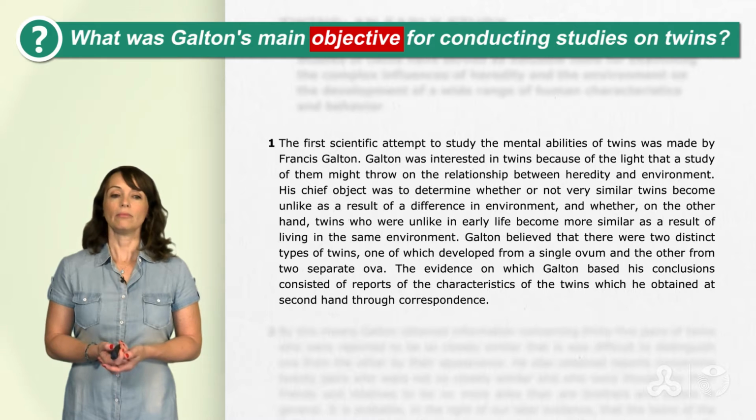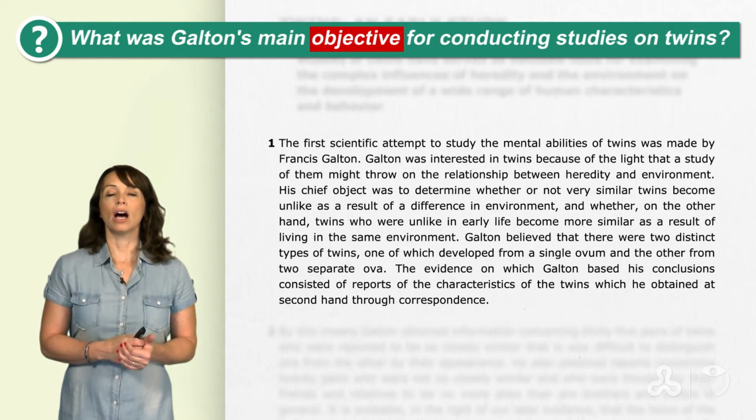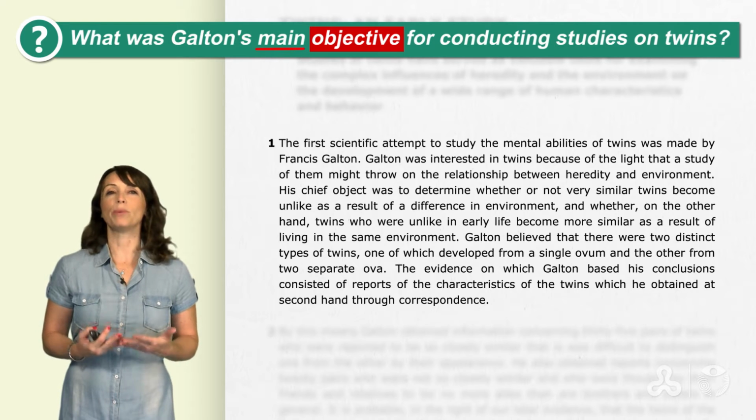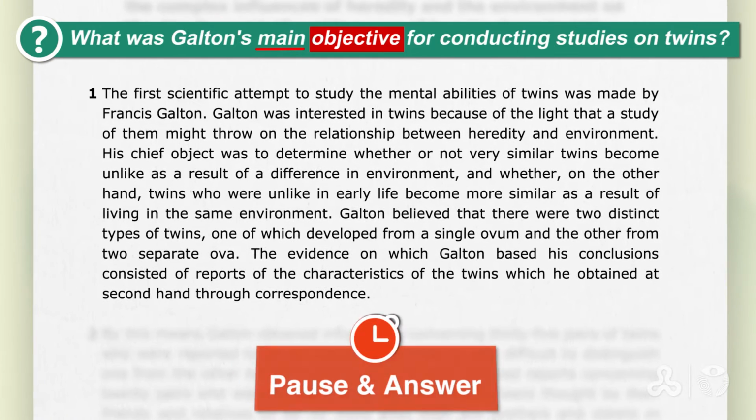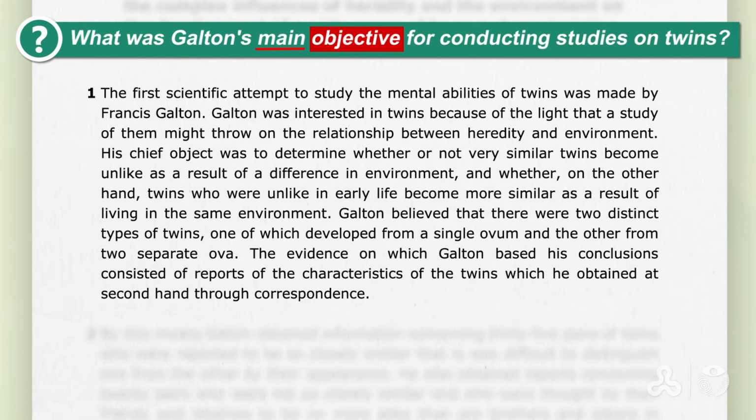Okay. So we're going to pause and try and think what was Galton's main purpose for studying twins? So as we did in previous questions, we're looking for an objective. So in the text, I would look for a word that is similar.